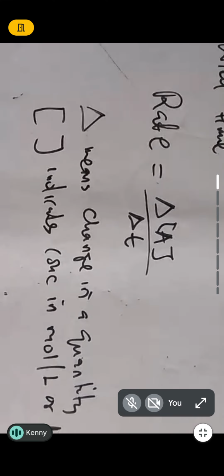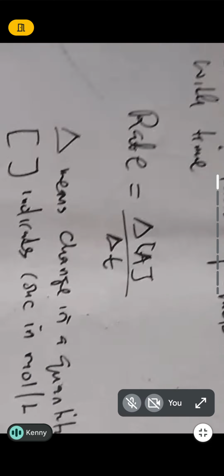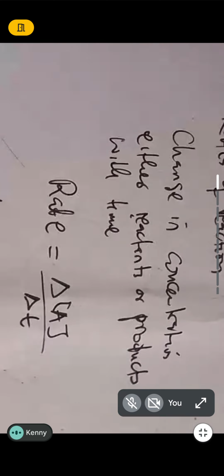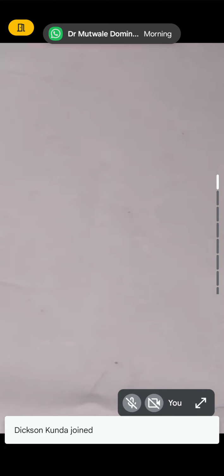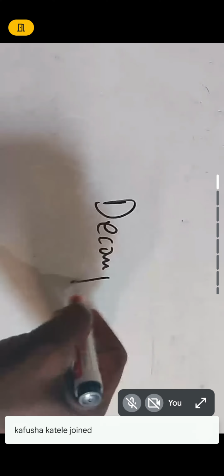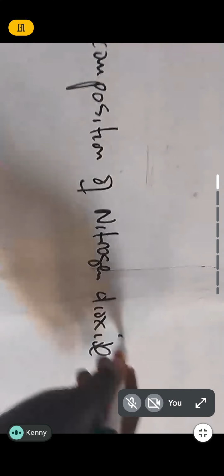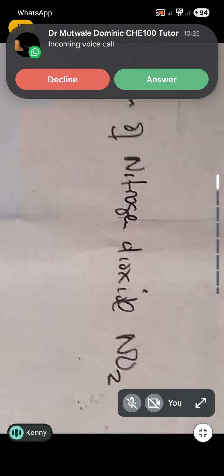So now I'll give an example of the decomposition. Let's consider the decomposition of nitrogen dioxide, NO2.